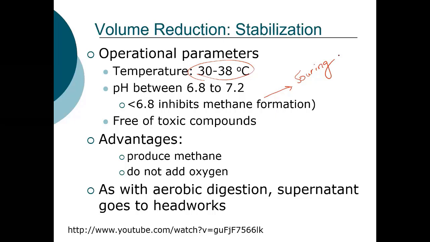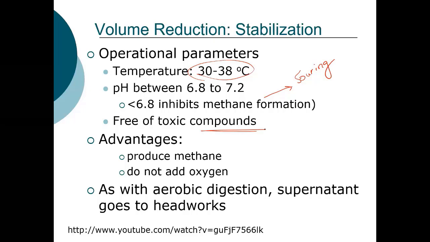So one wants to make sure that there's sufficient alkalinity so that when acids are being produced, the pH doesn't decrease below 6.8. We also need to make sure that it's free of toxic compounds. And this is extremely important.